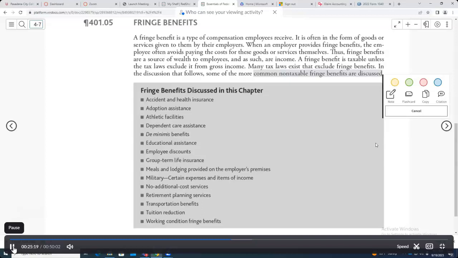The IRS will get upset if it's only offered to high executives. In that case, it will be taxable. But if it's offered to everyone, then it's not taxable. I've worked on lots of jobs where things like meals and lodging are only provided to the upper level. So they get taxed on that.